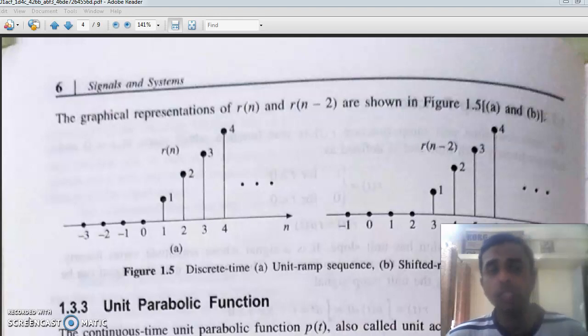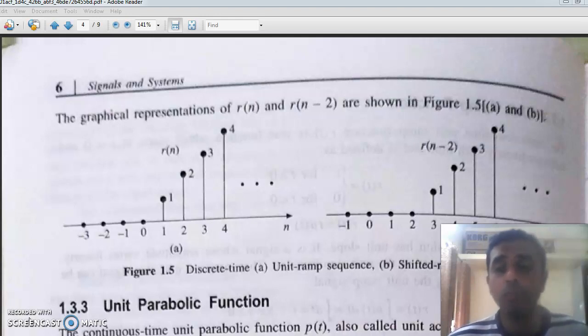Likewise, we saw the discrete digital step function, that is u of n. What is u of n? By definition, all samples have the value 1 for n greater than or equal to 0. At n equal to 0 it is 1, at n equal to 1 it is 1, at n equal to 2 it is 1, and from there till infinity it is all ones.